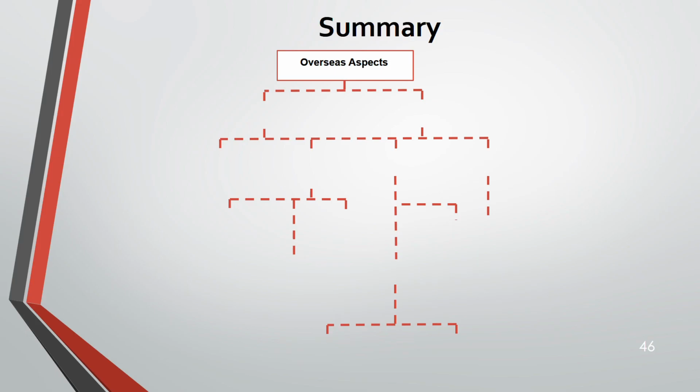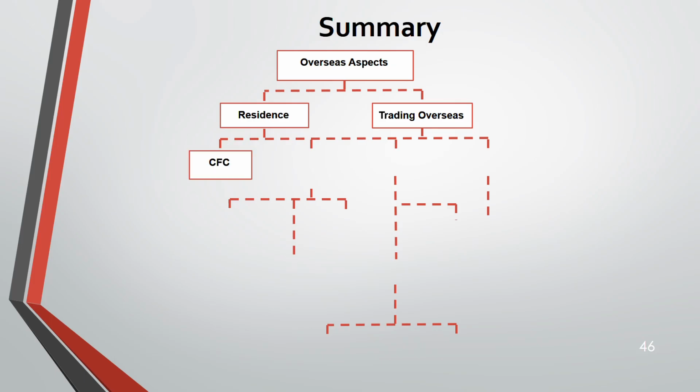So that's it of this lecture. Let us summarize the overseas aspect. We started with residence and trading overseas, CFC and permanent establishment. Under CFC we went through the 5 exemptions. If they do not apply, then there's a CFC charge, and how it is calculated is also there.